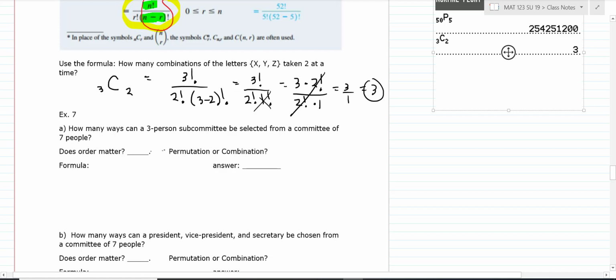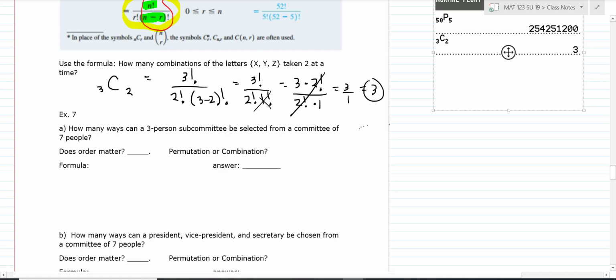The key thing, when you're given a problem, is that you're always going to be choosing a certain number from a list. In this case, you're choosing 3 people from 7 people. You have to ask the question: does order matter?